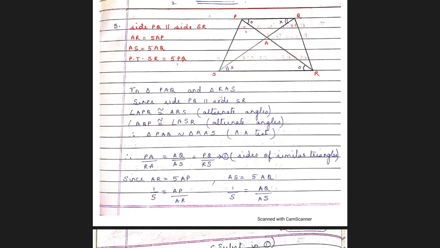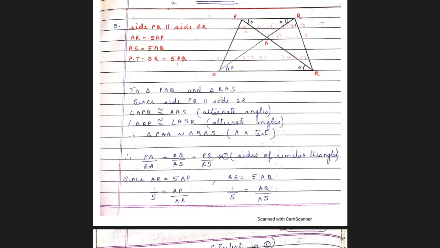So I write in triangle PAQ and triangle RAS. Now look at the way I've written these two triangles. It is in correspondence. How? P, marked with a circle, corresponds to R, also marked with that circle. A is common in both. So I have written A. What is remaining? Q and S, which are corresponding, correct?